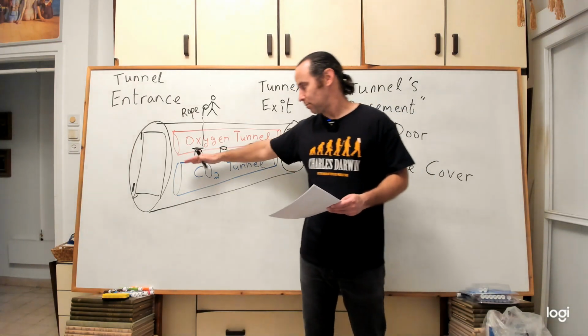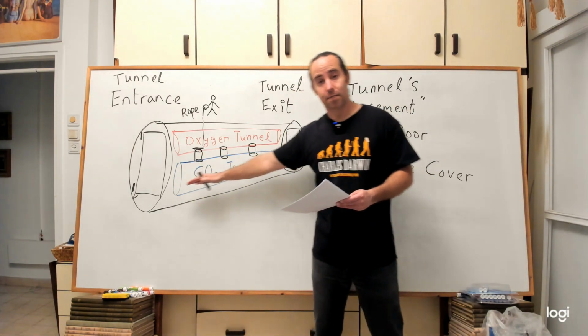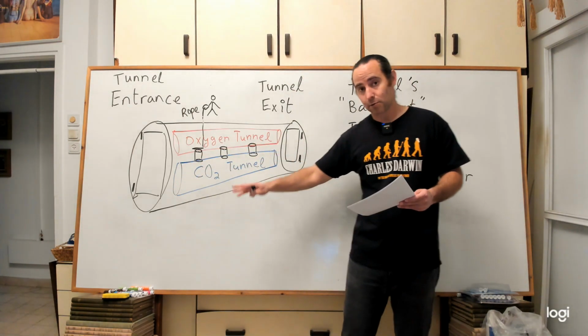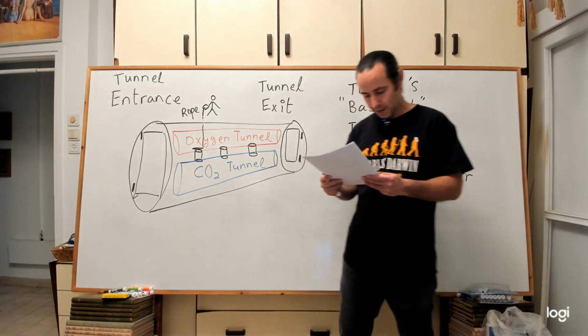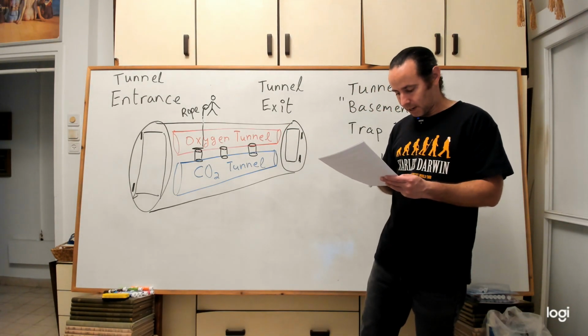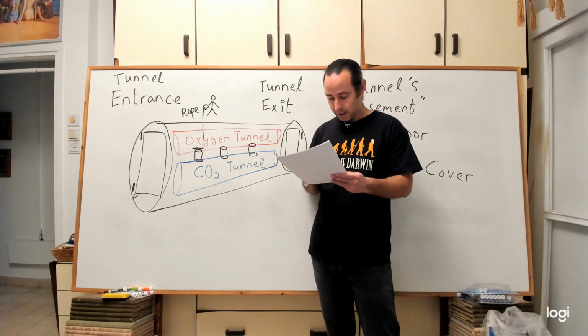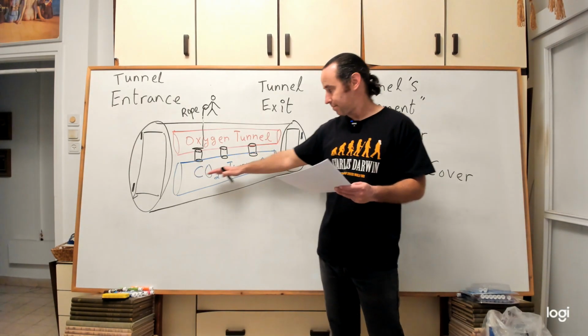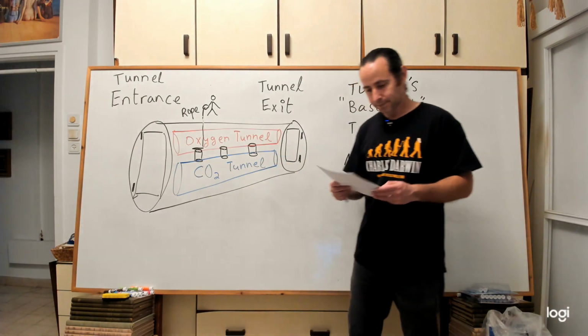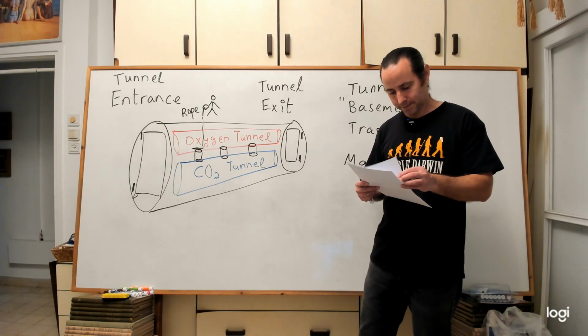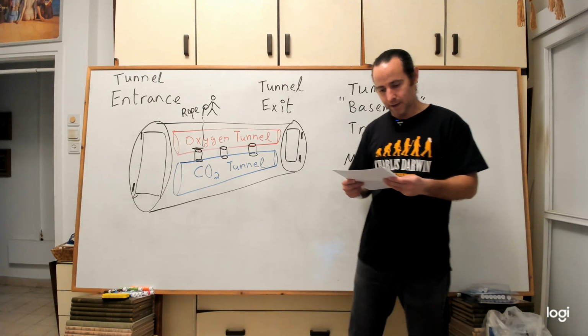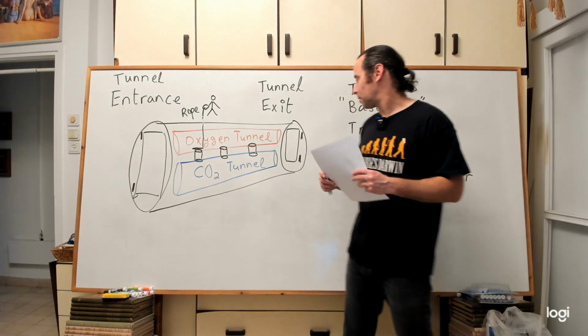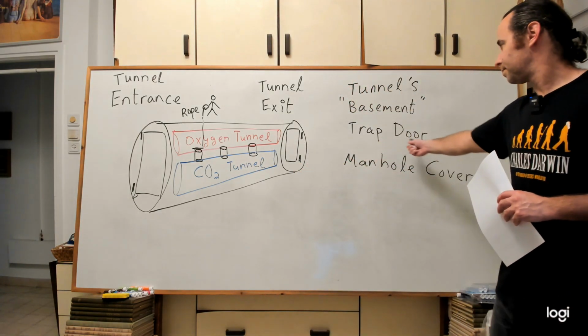And the CO2 is trapped in this tunnel, in the basement, or in the sewer. We can close the trapdoor, and so now the lower tunnel is full of CO2. You can see in Wikipedia a trapdoor.